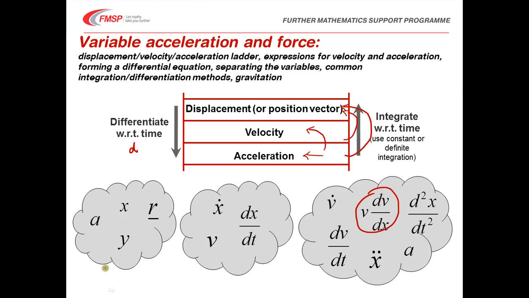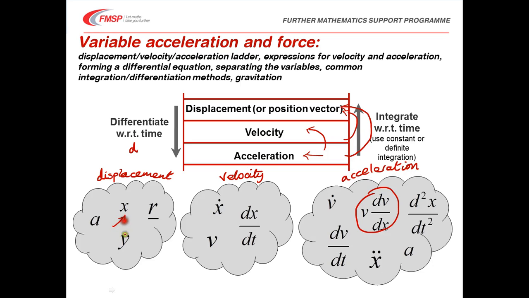Here in these clouds we have various expressions, various terminology for, in the first one, displacement. In the second cloud we're looking at velocity, and in the third cloud we're considering acceleration. And I just wanted to make sure that all of these types of terminology were familiar to you.